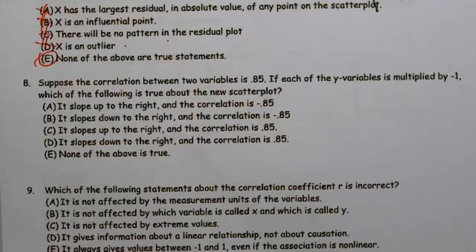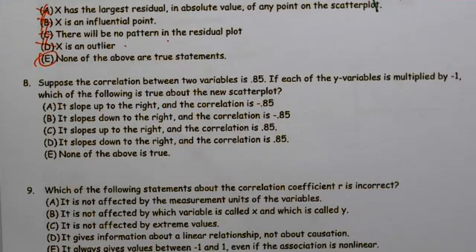Okay, so number 8, suppose the correlation between two variables is 0.85. If each of the variables is multiplied by -1, which of the following is true about the new scatter plot? So what's going to happen? Well, all we're doing is multiplying the y values by -1.